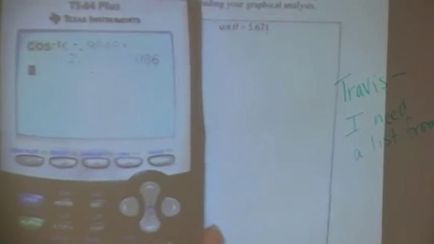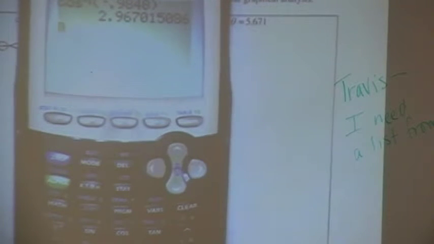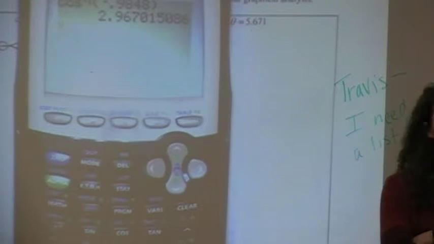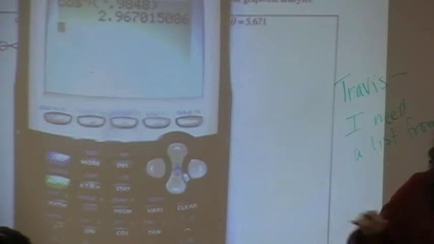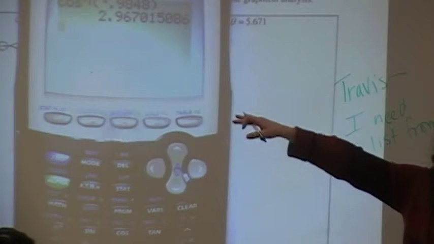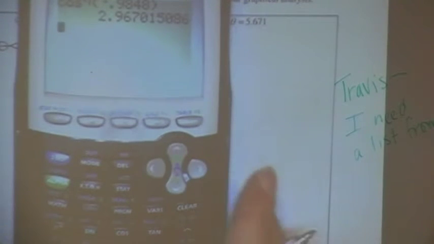Okay, so the first thing it gave me was this, 2.967. What quadrant is that in? 2. How do you know that? Because it's less than 3.14, right? Pi is 3.14. So 2.97 would be in quadrant 2. So that's one of your two angles.